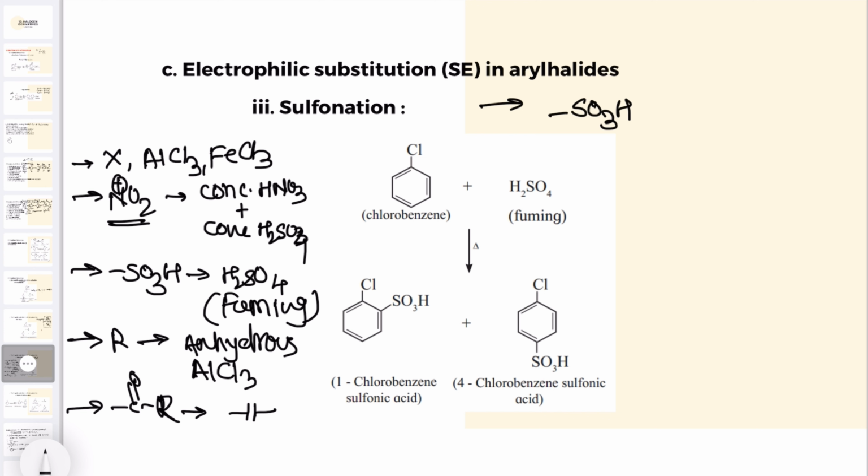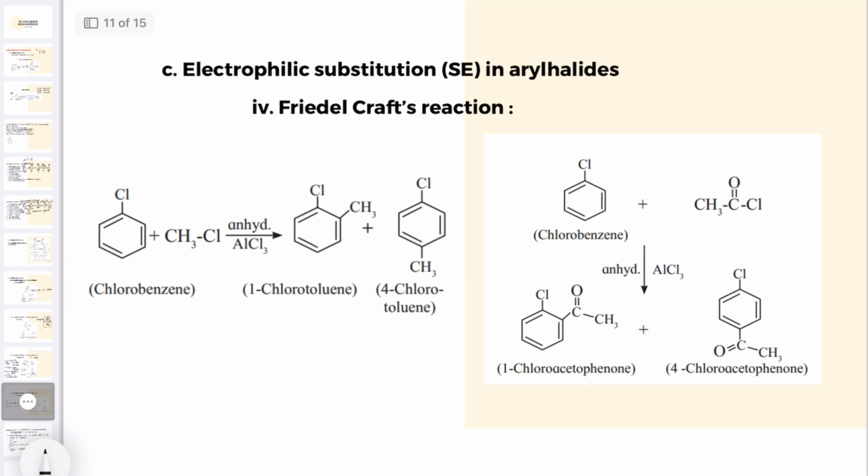These are the 5 simple electrophilic substitution reactions for benzene and for aromatic halides. Okay, here the third reaction is sulfonation. That means one of the hydrogens from either the ortho or para position is replaced by the SO3H group, known as sulfonation. Here, sulfonic acid is the bigger group than chlorine, so it is the parent. 2-chlorobenzenesulfonic acid, 4-chlorobenzenesulfonic acid. These two products are obtained.